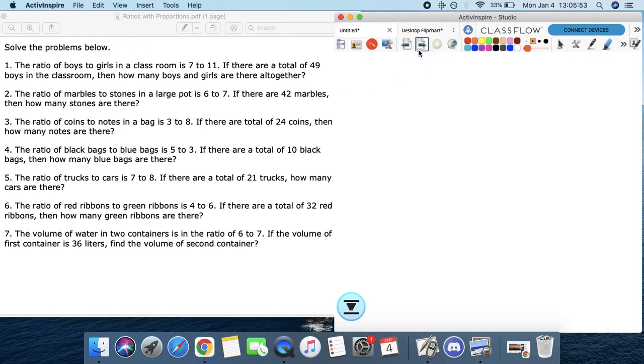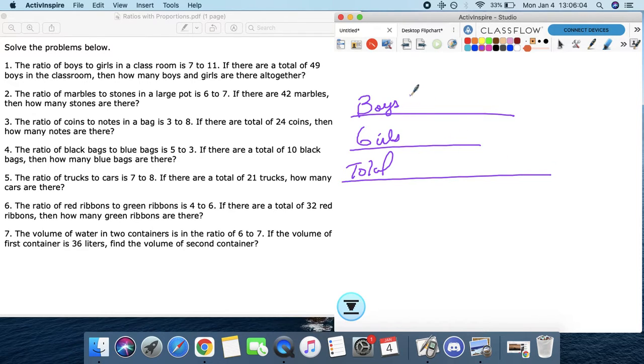The ratio of boys to girls. So boys and girls, and I'm going to write total. There's a ratio of 7 boys to 11 girls. So when there are 7 boys, there are 11 girls for a total of 18.